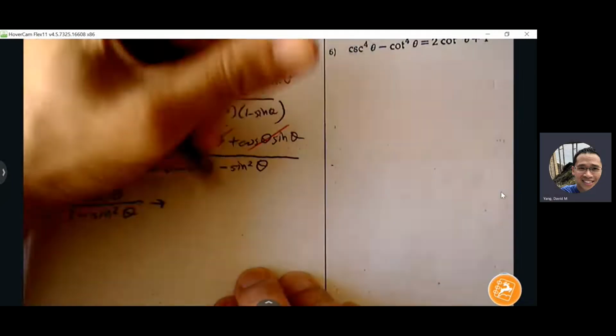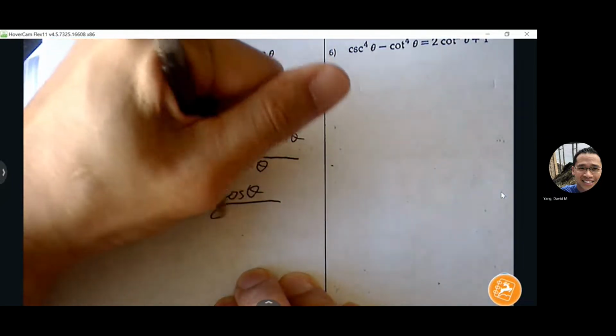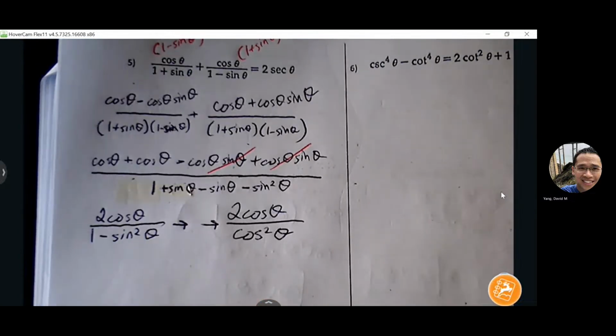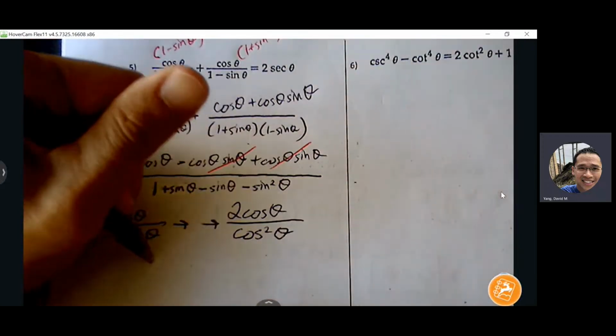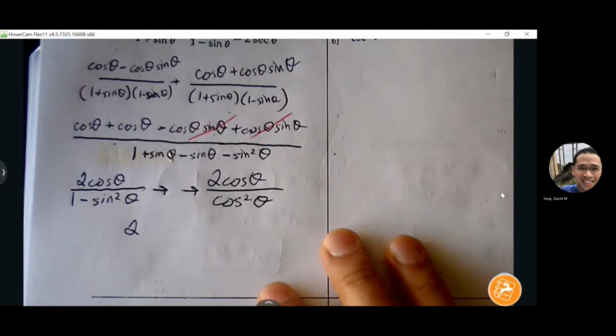Yep, identity. Okay, can I reduce? Okay. So reduce, that leaves me with what? 2.